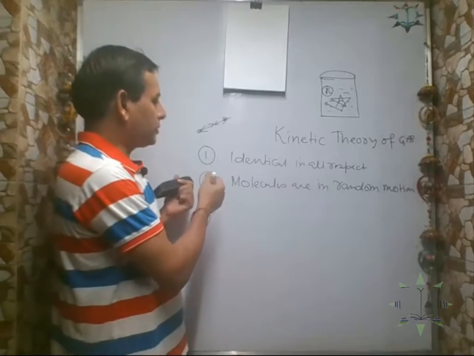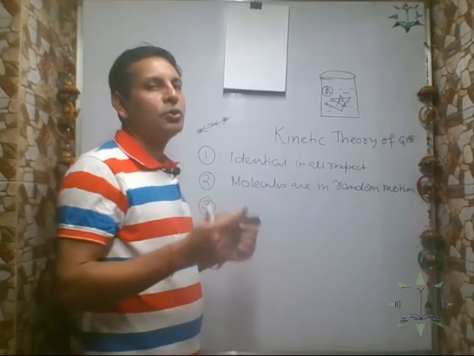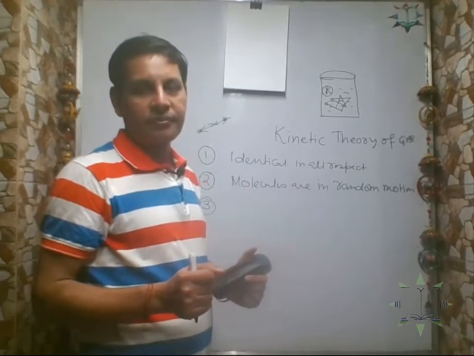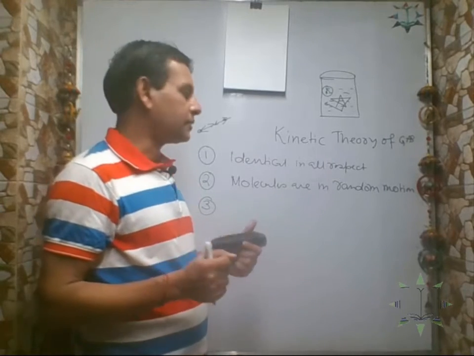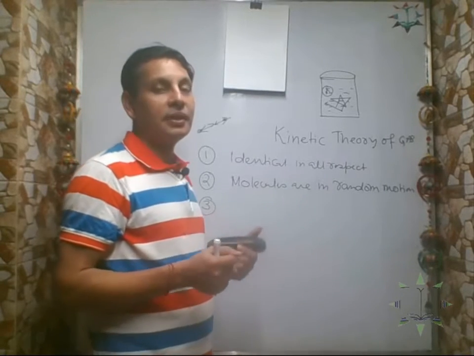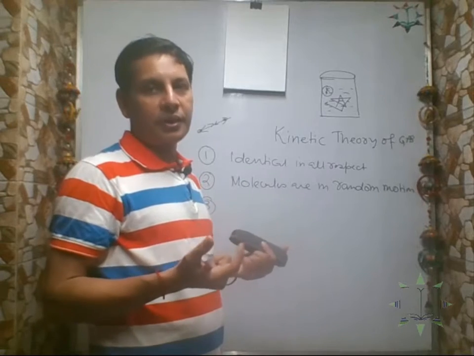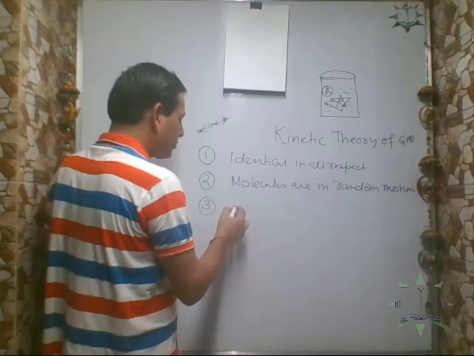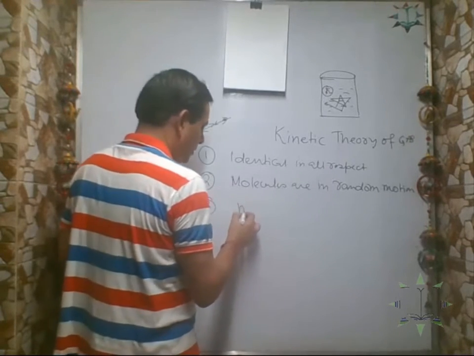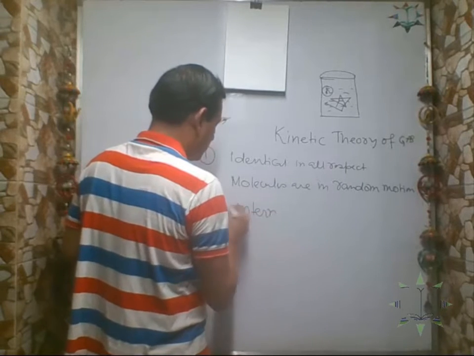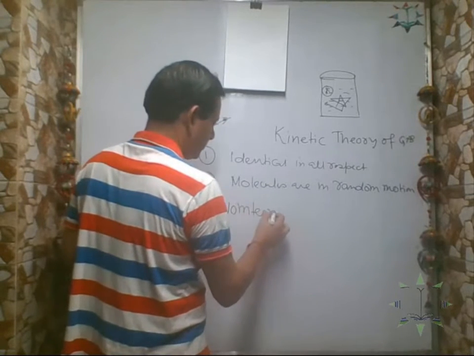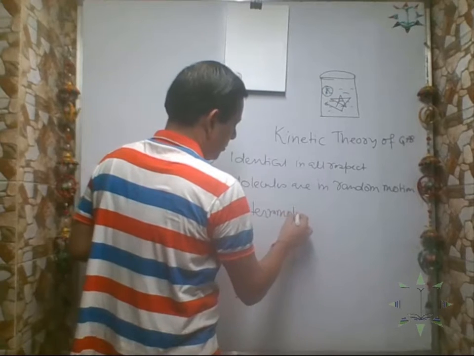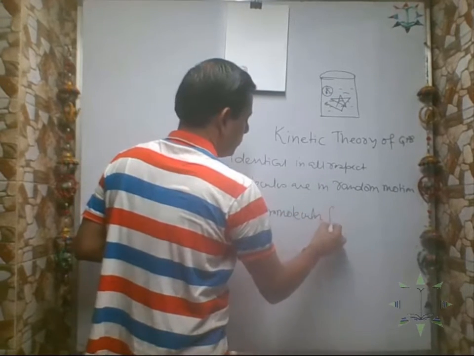Therefore, it was assumed that gas does not possess any potential energy. So what is the total energy of the gas? The total energy of the gas is the kinetic energy because of the random motion. So intermolecular force of attraction is 0.